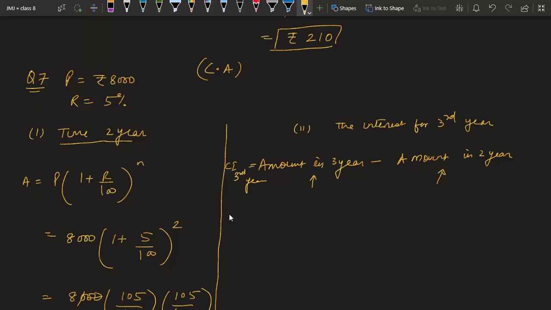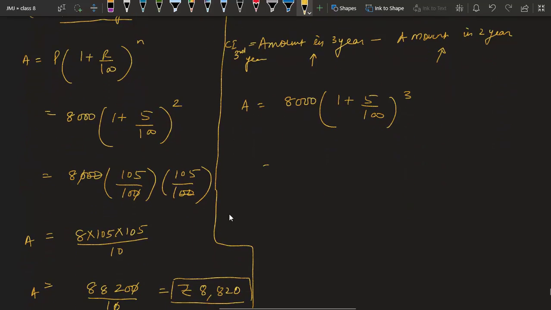So let's find that. Amount in 3 years is equal to principal, which is 8,000 into 1 plus 5 upon 100 whole power 3. So this time we have 8,000 into 105 upon 100 into 105 upon 100 into 105 upon 100. So 00, 00, single 0, single 0.